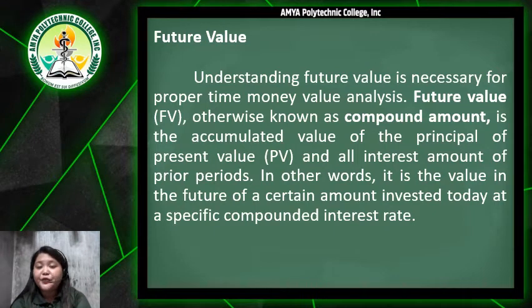Future value, or FV, otherwise known as the compound amount, is the accumulated value of the principal, or the present value (PV), and all interest amounts of the prior periods. In other words, it is the value in the future of a certain amount invested today at a specific compounded interest rate.